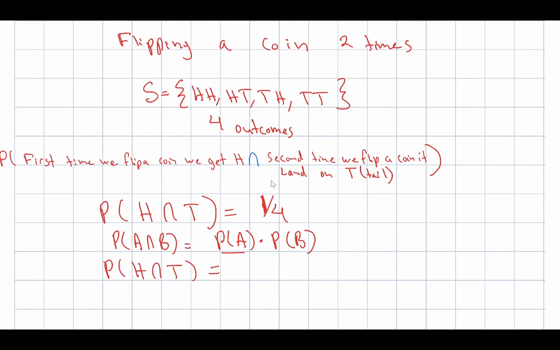So for the probability of A, we have to find the probability of H. And then for B, we want the probability of tail, so we say probability of T. Any question so far on why we have probability of H times probability of tail?